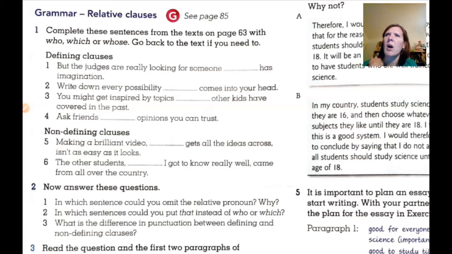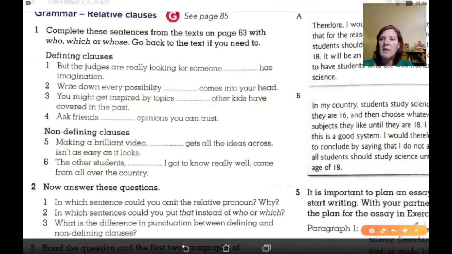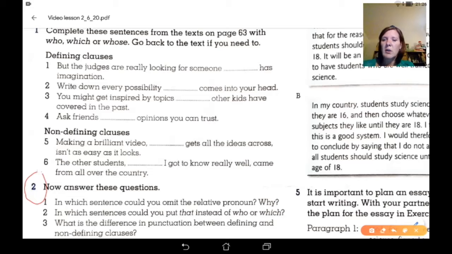So exercise 1 is a really, really simple exercise where you have to complete the sentences with the relative pronouns. Perhaps a bit more interesting is exercise 2, where you have to answer some particular questions. Have a look at that now, and then I'll go through the answers with you. Okay, so if you pause for a moment, then I'll tell you the answers.